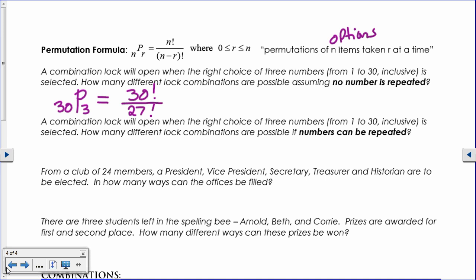And then you just put that in your calculator.